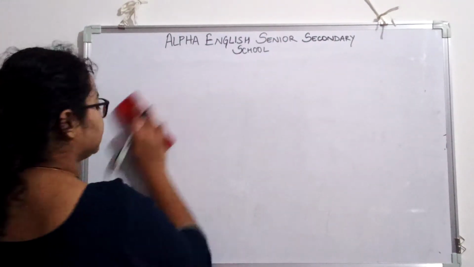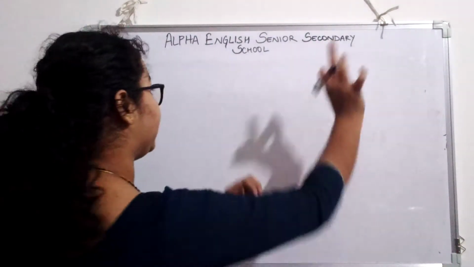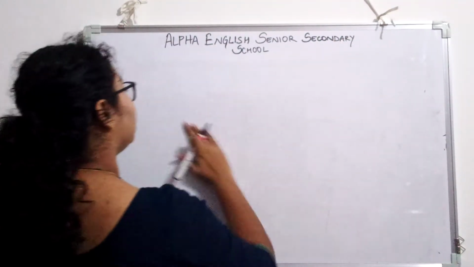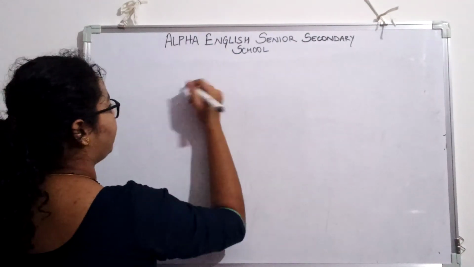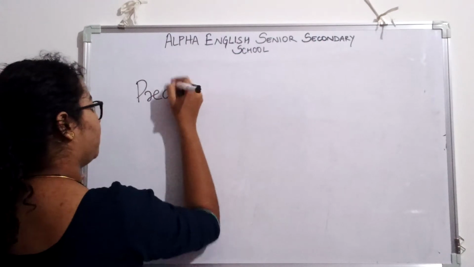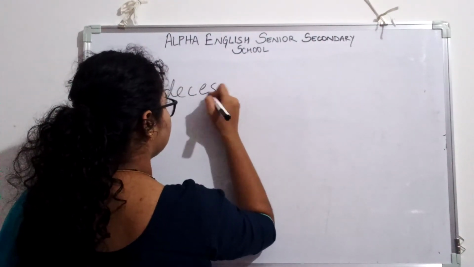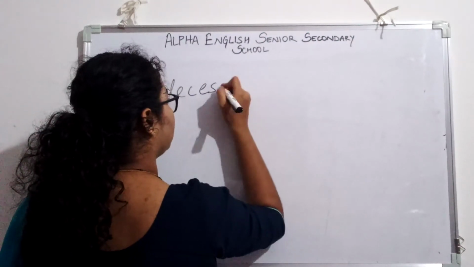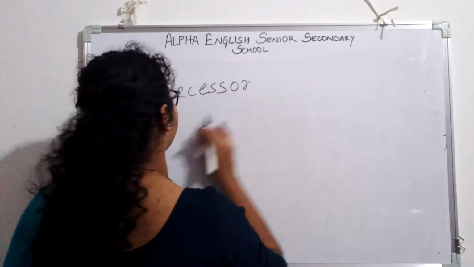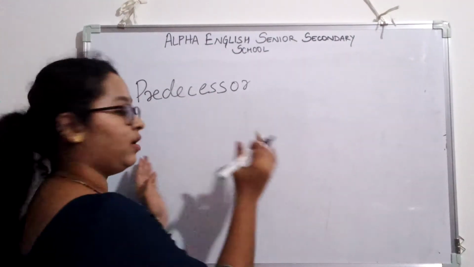The last topic is really easy. It's spelled a bit difficult, but it's really easy. It's predecessor. Predecessor basically means a number before a given number.